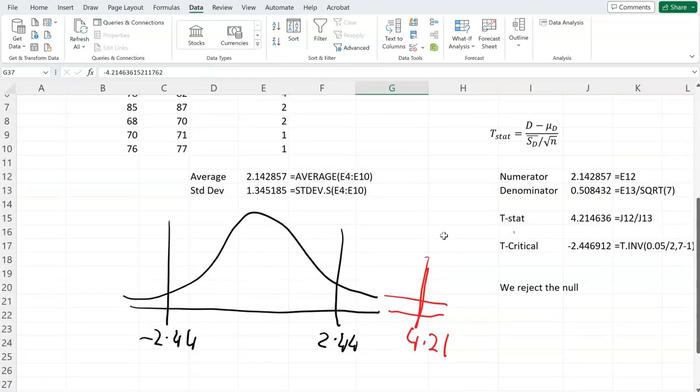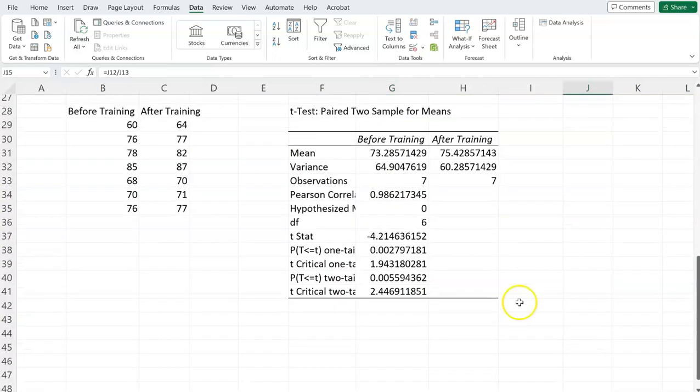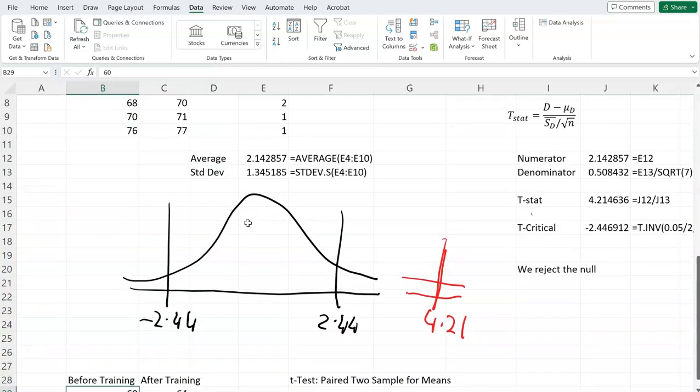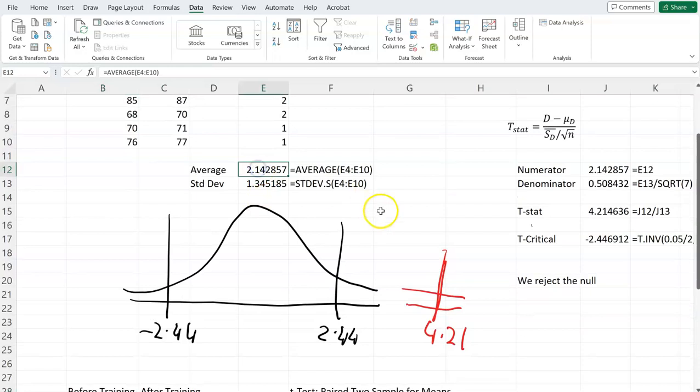But we get the same value, 4.214, and it's negative 4.214. This is my critical t. And so I compared those two numbers, and I can say that after training, the amount of weight that athletes can lift is more than before training. So the average difference that we calculate is 2.14.